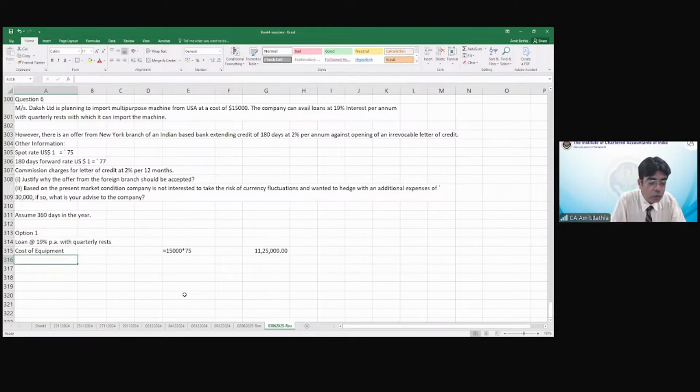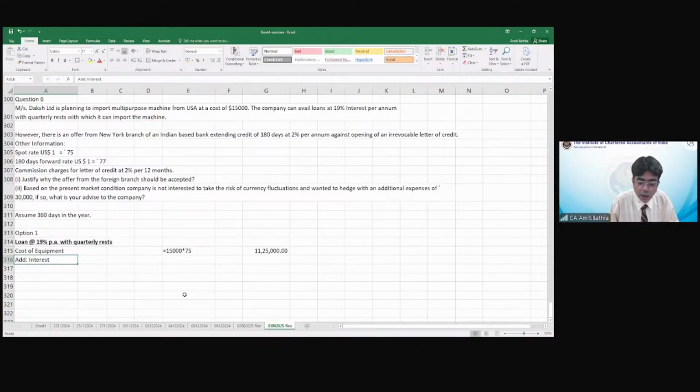All right. On this, I will have to pay interest, right? Now I can do the interest computation over here. How do I do the interest computation over here? Remember, it is quarterly rests. It says it is 19% per annum with quarterly rests, meaning it is going to have a compounding factor coming in.